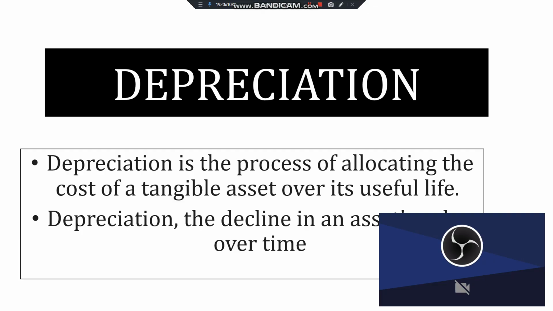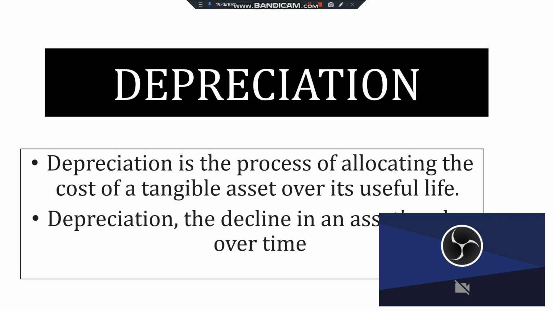And why is this depreciation so important to bring into the books of accounts? Without the depreciation, the real profit and loss of the companies will not be judged, because if you see that example, the company is purchasing a machinery in April, with an expected useful life of 5 years for that machinery, and the cost or the depreciation should also be included in every year's accounting process to know the real profit and loss of the company.